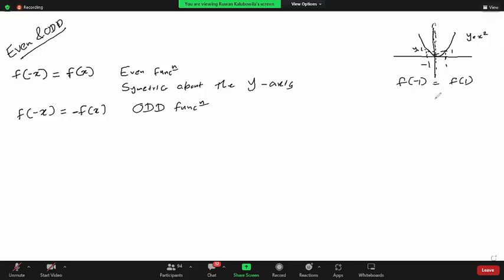How do you figure out this case? Using the graph, it's very easy to capture. Let me draw this kind of graph. See, this is also symmetric.